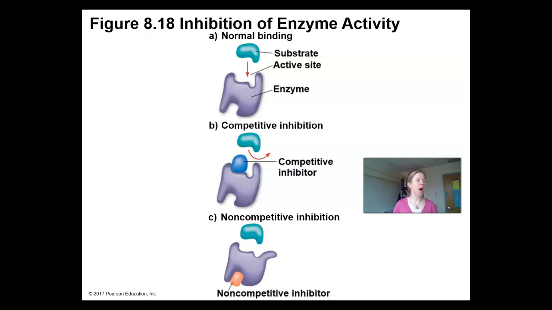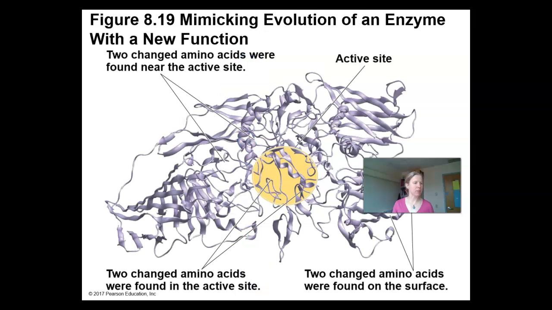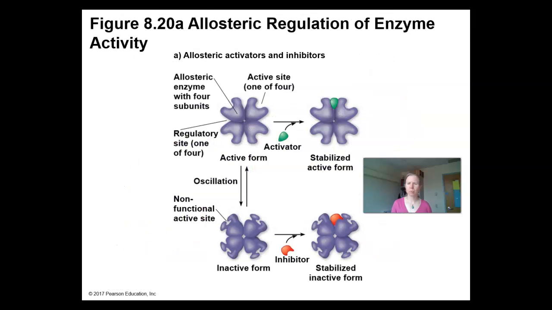So non-competitive inhibitors can also keep enzymes from working and therefore shut down metabolic pathways. We use this in the way we've produced antibiotics and pesticides, different toxins, etc. Okay, so that's just your close-up of a protein.